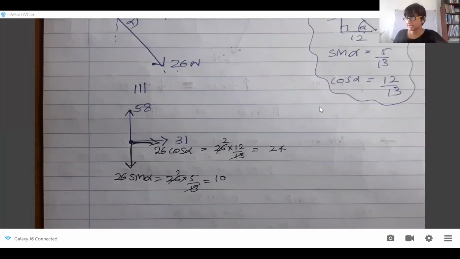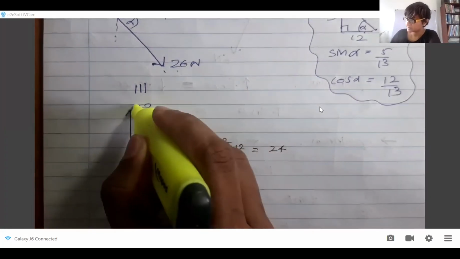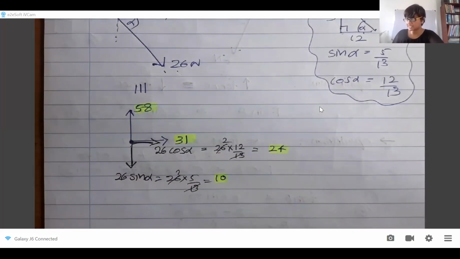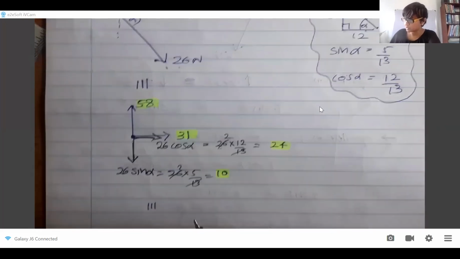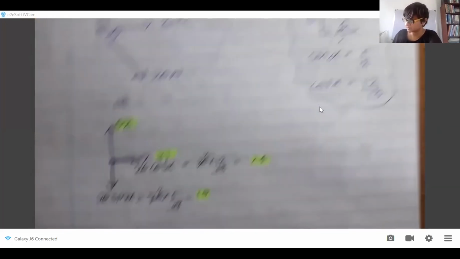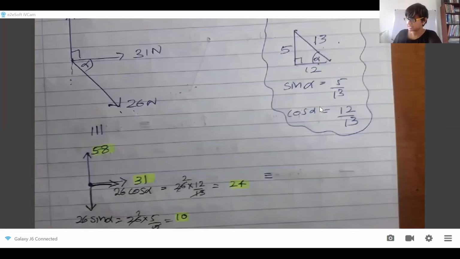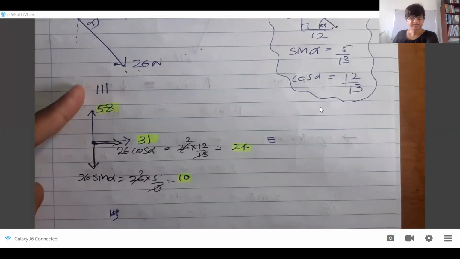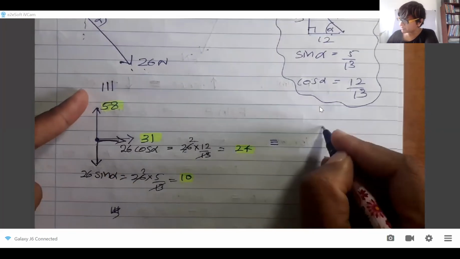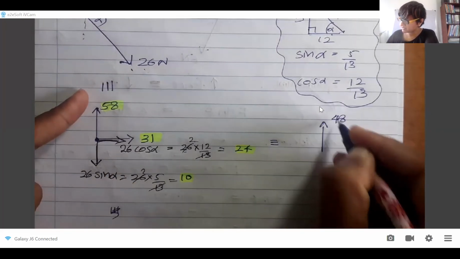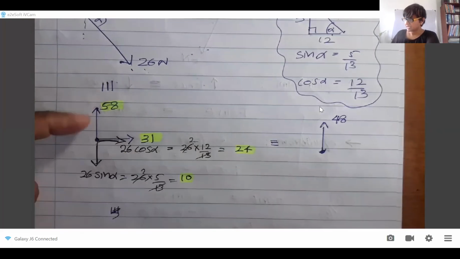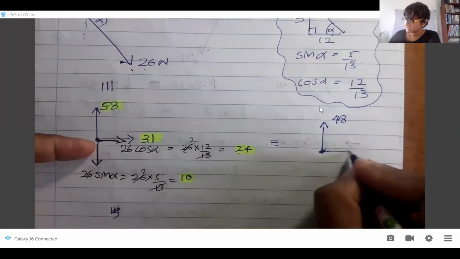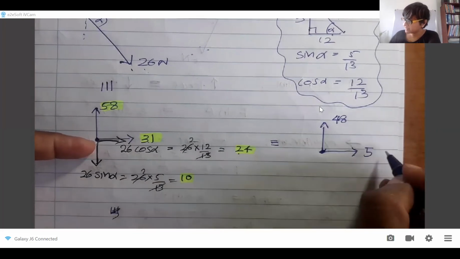Here are my forces. Now I can simplify it further. I have 58 upwards and 10 downwards. That gives me 48 upwards. And this way I have 31 and 24 altogether, that is 55.